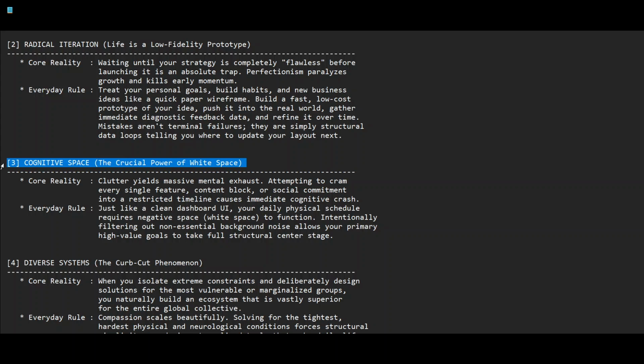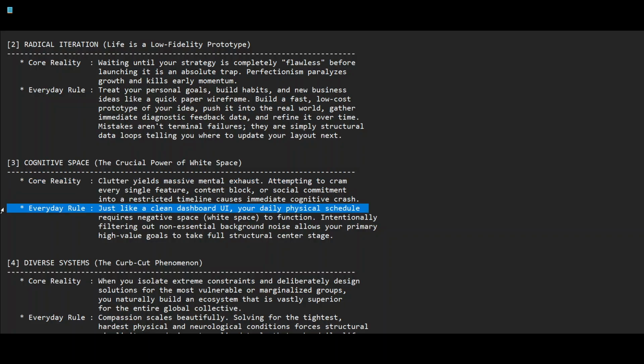The third thing, cognitive space: the crucial power of white space. Again, the reality: clutter yields massive mental exhaust. Attempting to cram every single feature, content block, or social commitment into a restricted timeline causes immediate cognitive crash. So what is the rule?